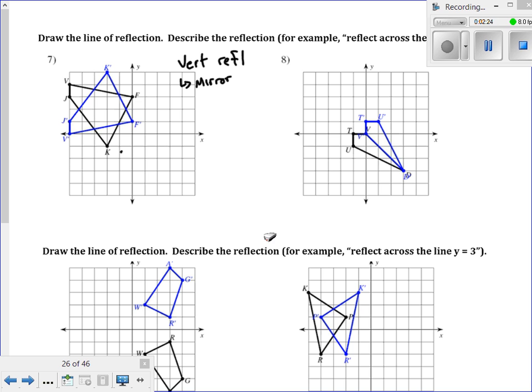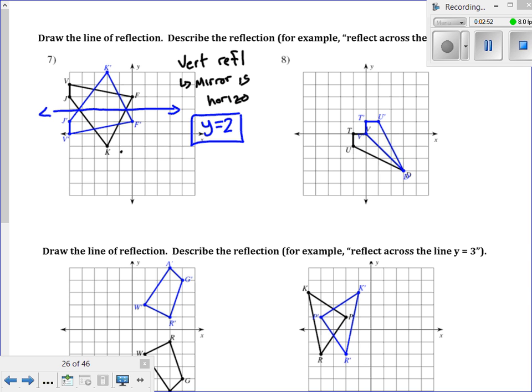So if we look carefully, this thing's actually flipping over this blue line right here. Once you've drawn that line, if you look, it's a horizontal line, right? So we've got a mirror that's horizontal. And if you remember back to the examples we just did, a horizontal line is y equals a number, and that goes through y at 2. So that's the line of reflection.